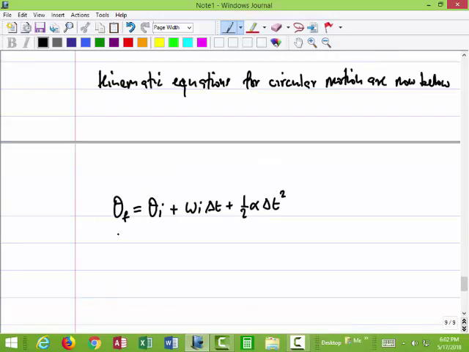We also have omega final equals omega initial plus alpha delta t, and omega final squared is equal to omega initial squared plus 2 alpha delta theta.